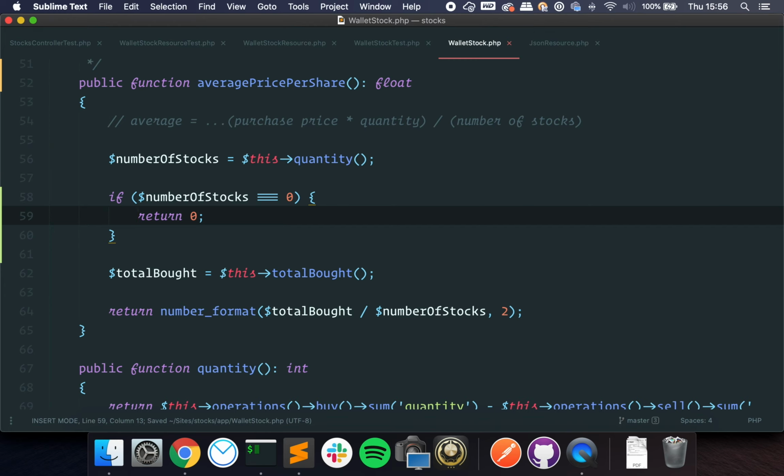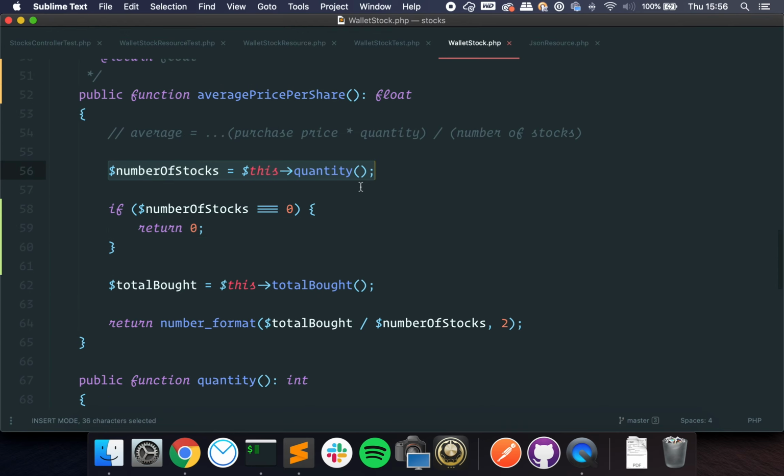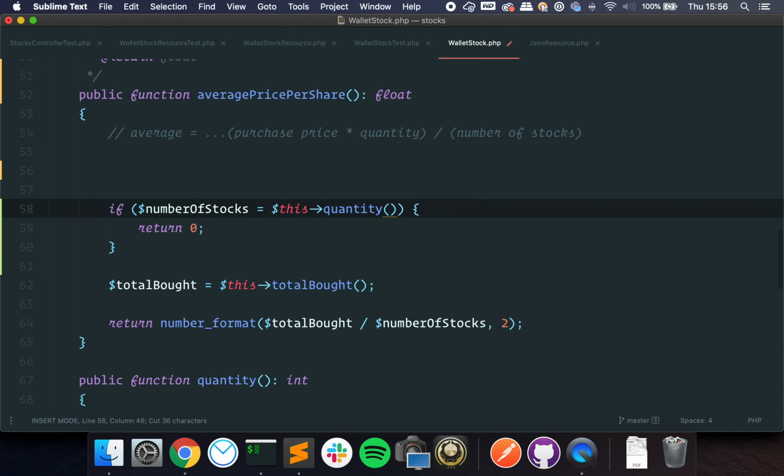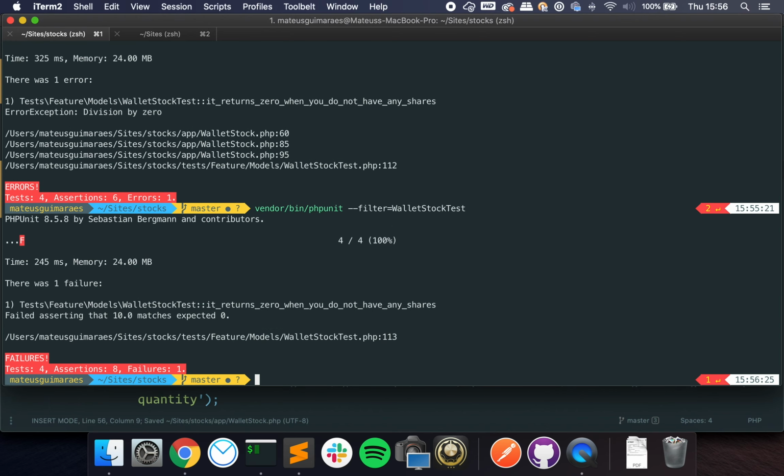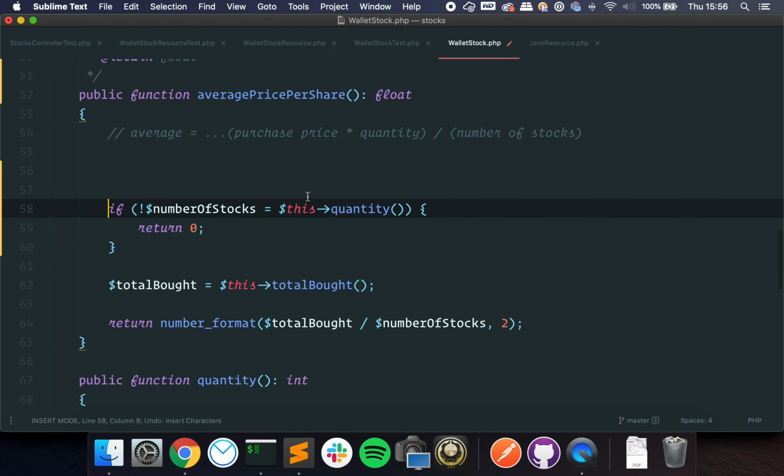I would rather do an early return here, so let me think of a way to make this better. I don't know if this is going to be more legible, but what we can do is if... I don't know if this works.